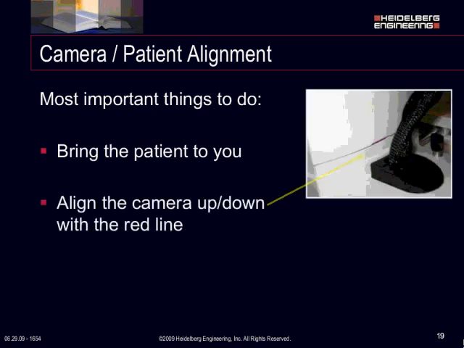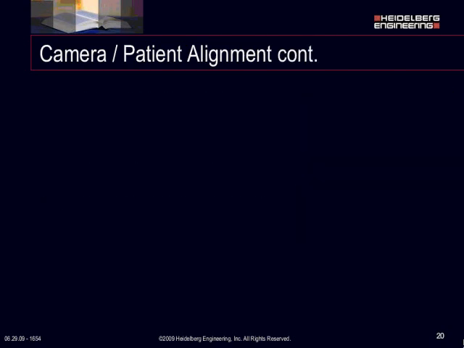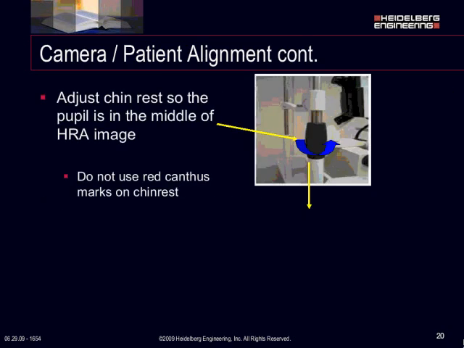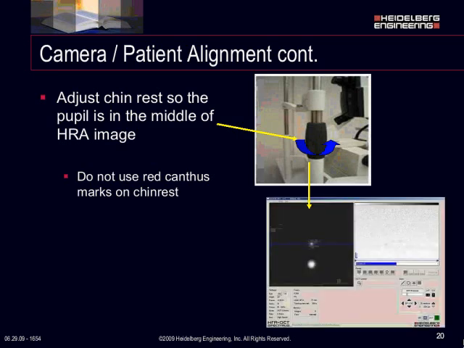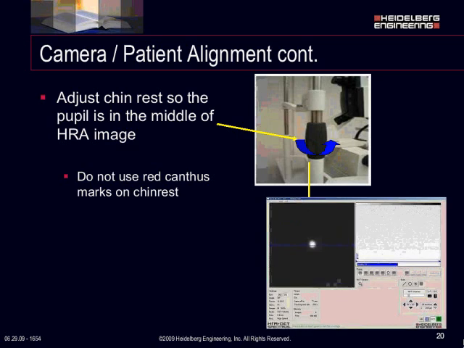What I like to do is to align the camera with the red line up and down. Then I have the patient put their chin in the chin rest and adjust the chin rest up and down, so that if their pupil happens to be low in the screen, I'm going to adjust the chin rest so that their pupil is about in the middle of the screen.